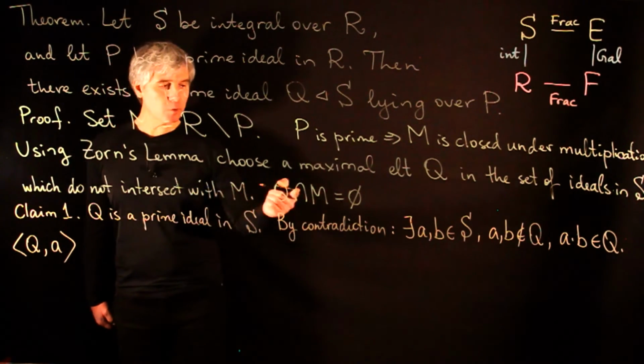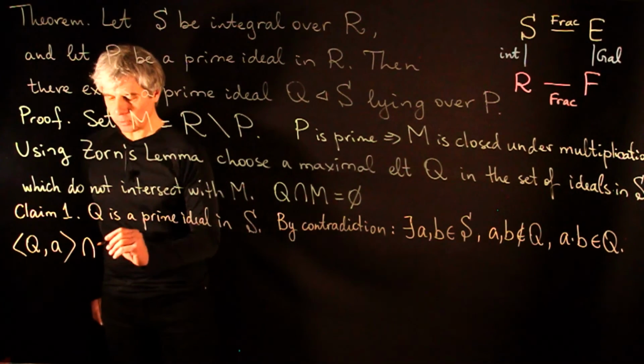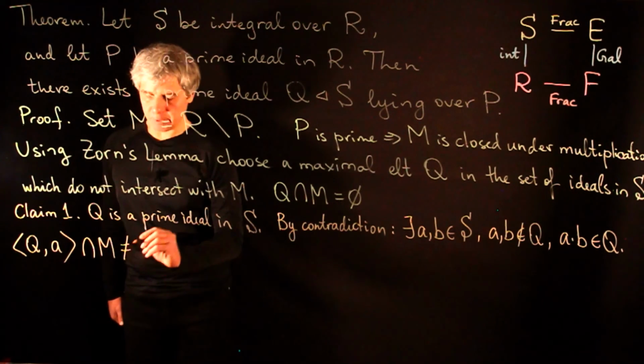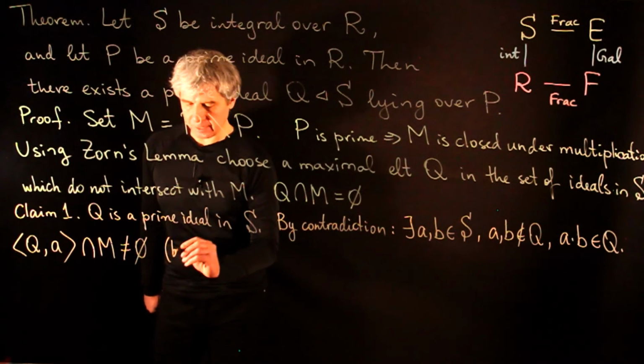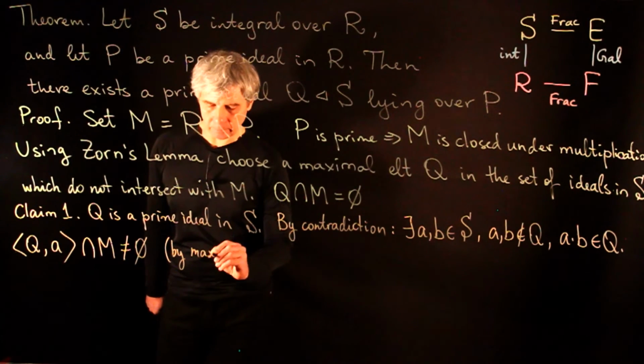By maximality of Q, this intersection with M is now non-empty.